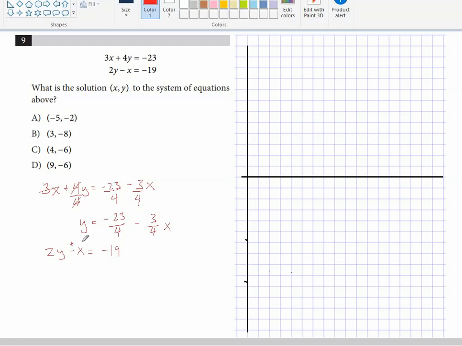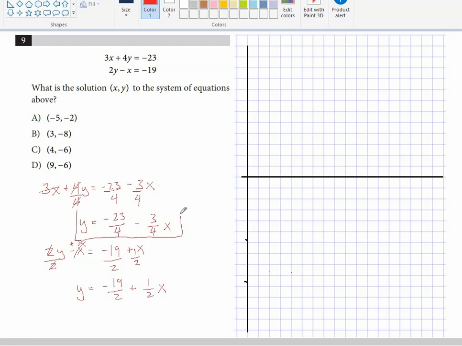So add x to both sides and divide by 2, which gives you negative 19 halves and 1/2 x. So y equals negative 19 halves plus 1/2 x.